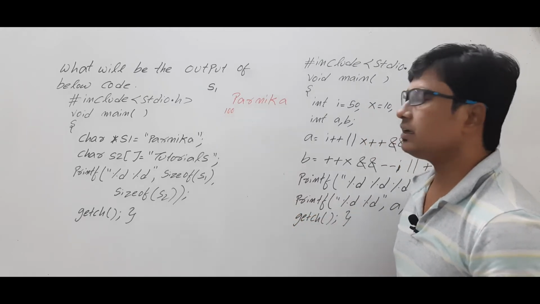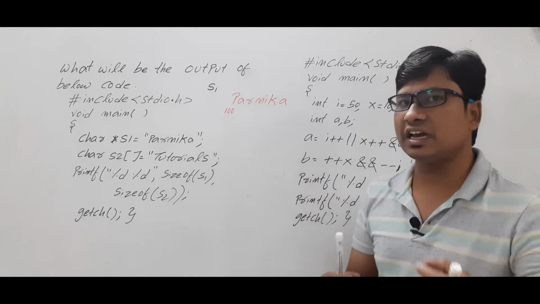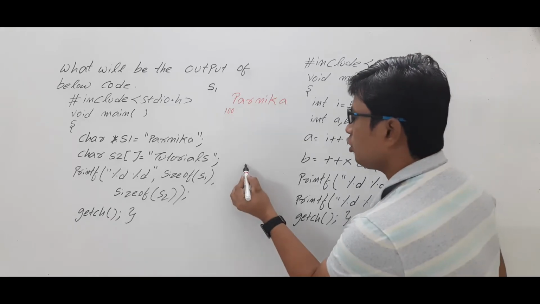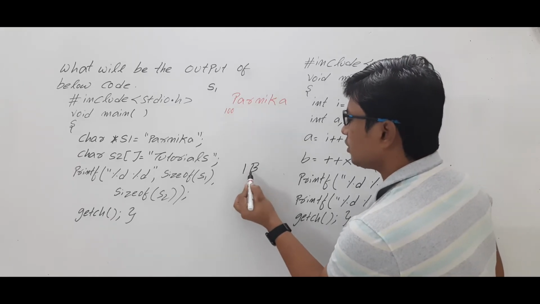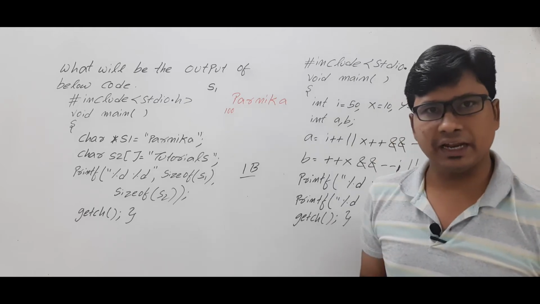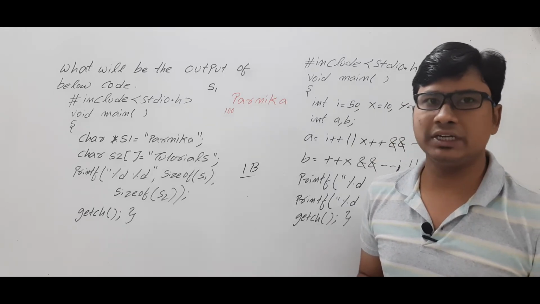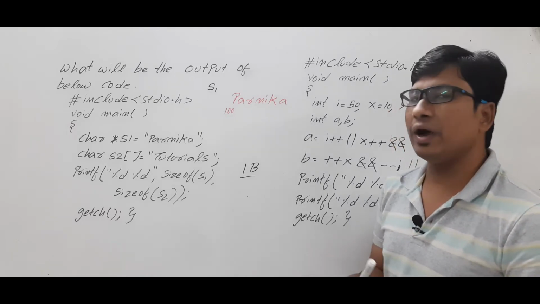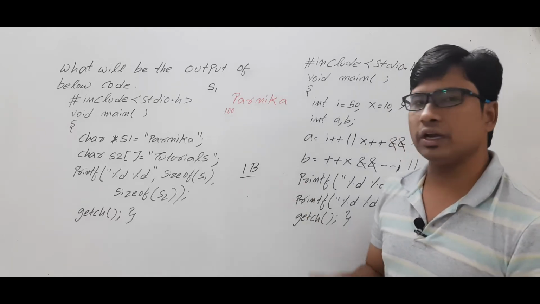Okay. Then you know that a string is a collection of characters and one character will occupy 1 byte of memory. Am I right or wrong? Whether it is a 32-bit compiler or a 64-bit compiler or a 16-bit compiler, one character will occupy 1 byte.